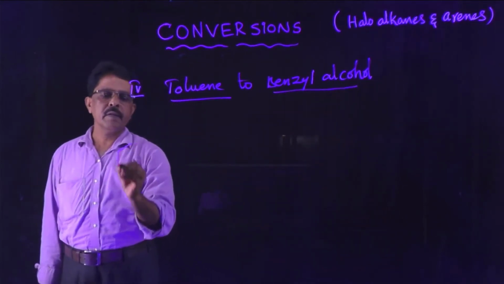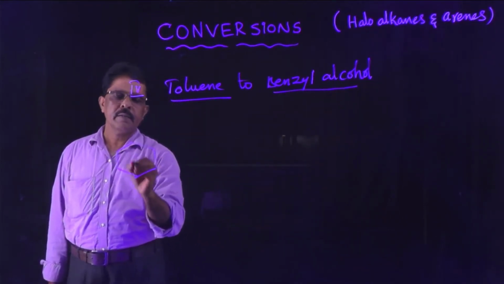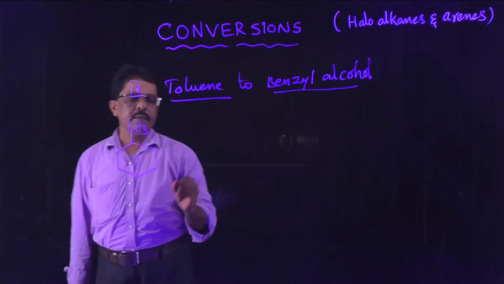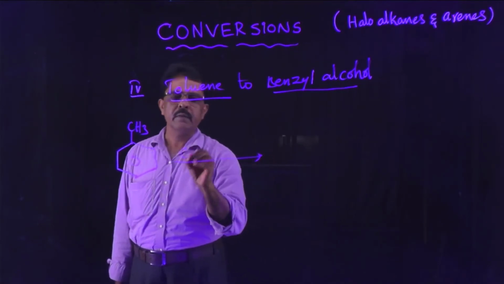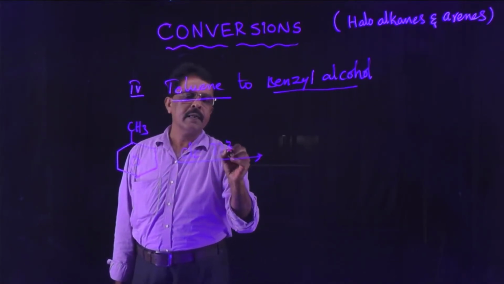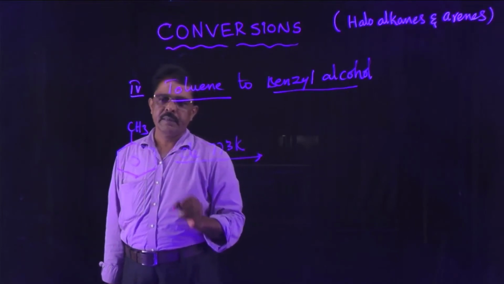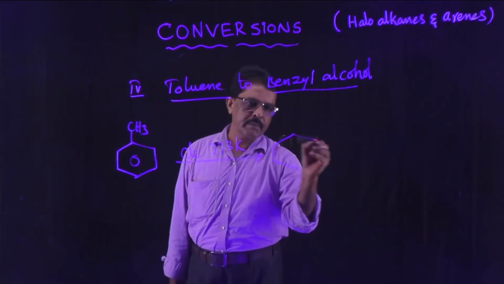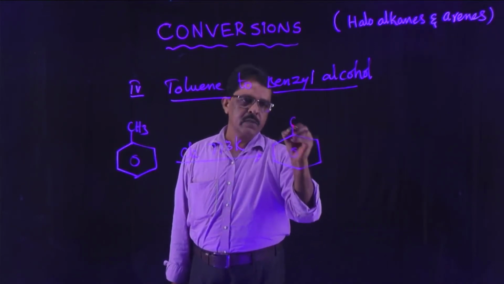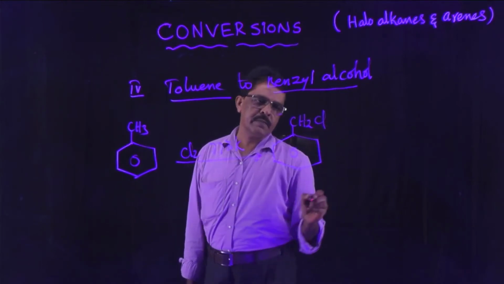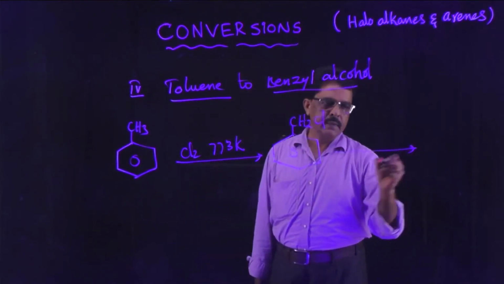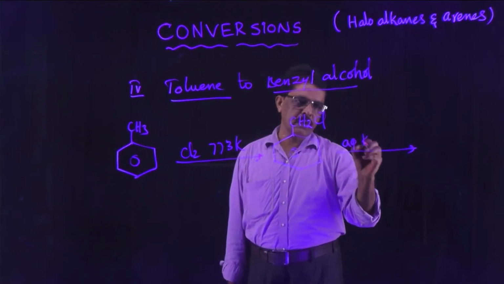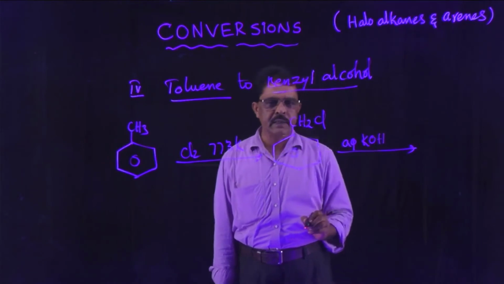You know the formula of toluene, a benzene ring with one methyl group. This toluene is heated with chlorine at 773 kelvin. Side chain chlorination will take place, and we will get benzyl chloride. Benzyl chloride is heated with aqueous KOH, not alcoholic KOH.